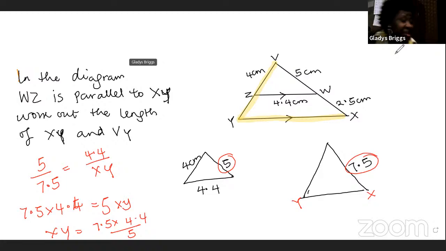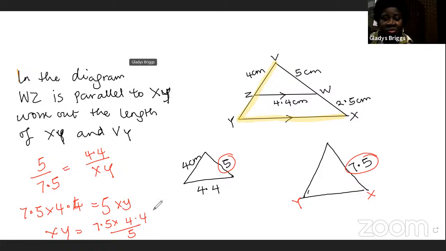People are getting different answers now. Let's put that into a calculator. 7.5 times 4.4 is equal to this, divided by 5. I got 6.6, Reem.